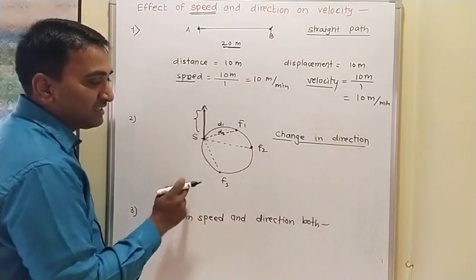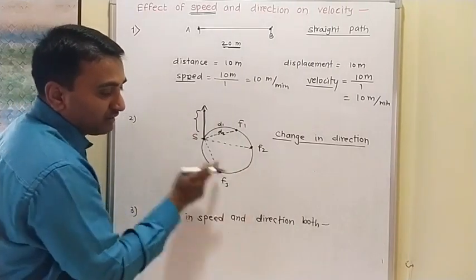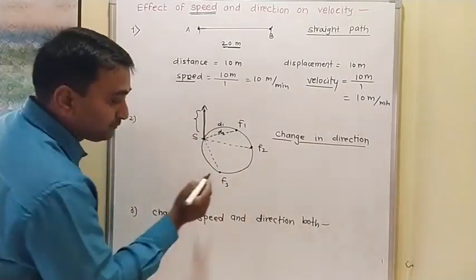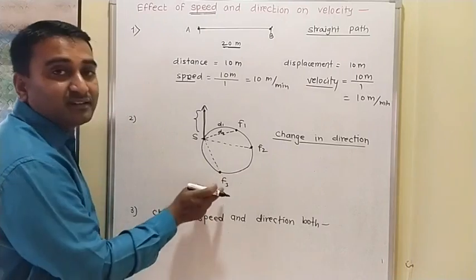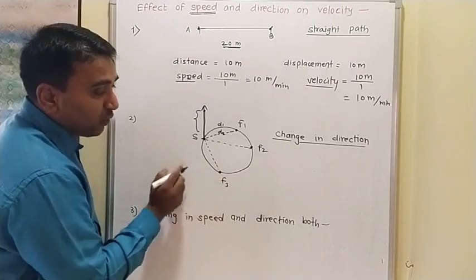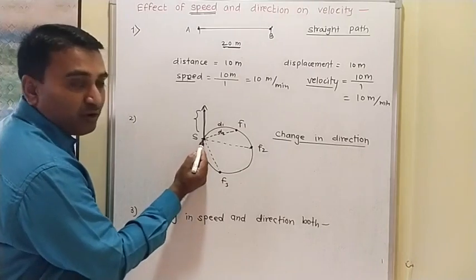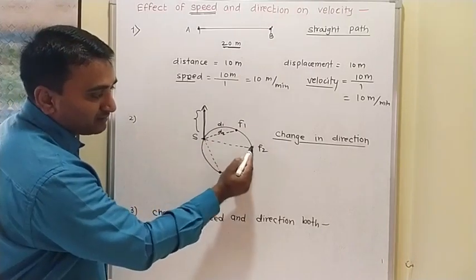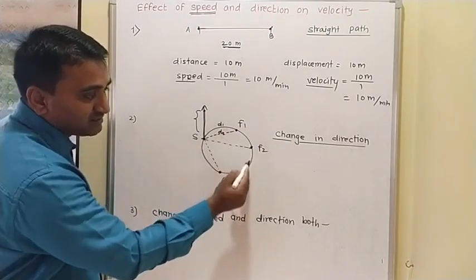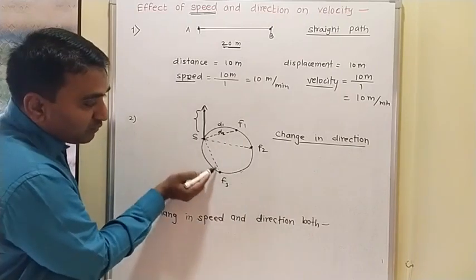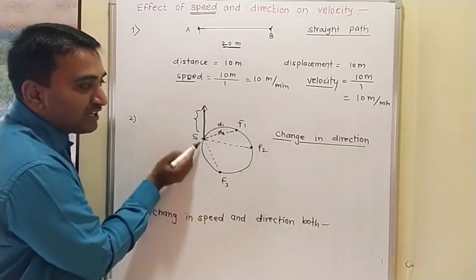And always the distance covered is more than the displacement. Suppose this is final point number 3. The total distance covered by the object is along a curved path, so it is a little longer. But the displacement is very short.